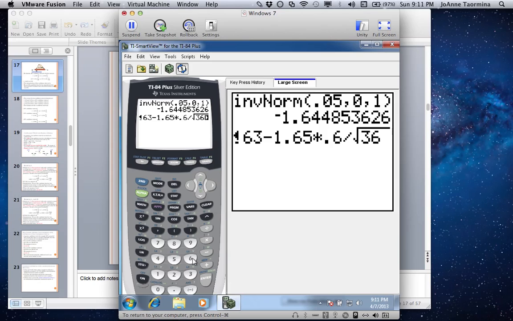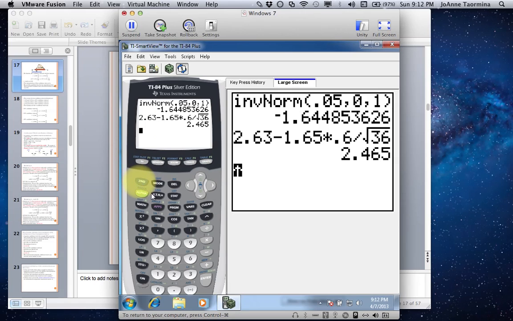Okay, so this first part is the lower limit of the confidence interval, 2.465. Now, to do the next part, all we need to do is change this minus sign to a plus. So we can just repeat that previous entry. Hit second and then enter. It's going to repeat that previous entry.